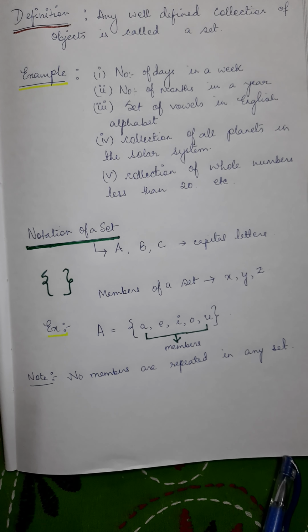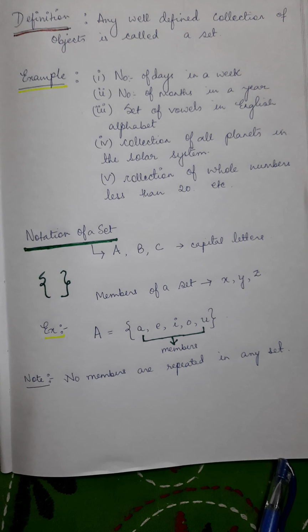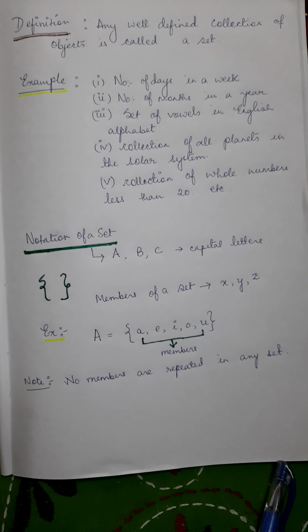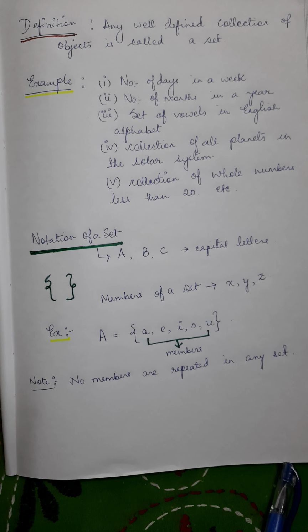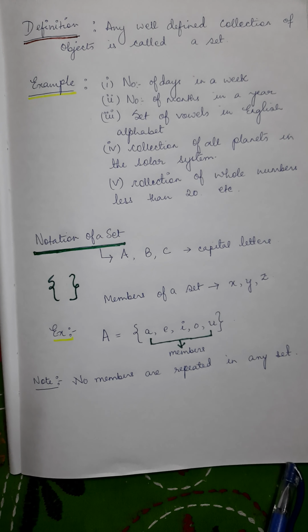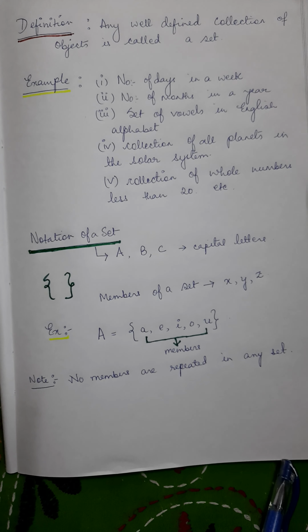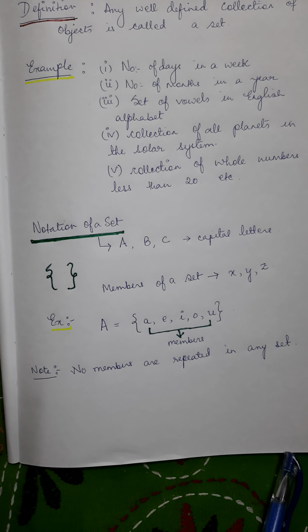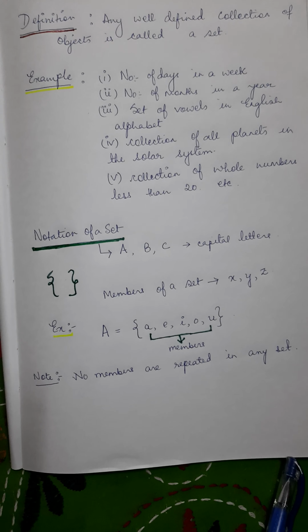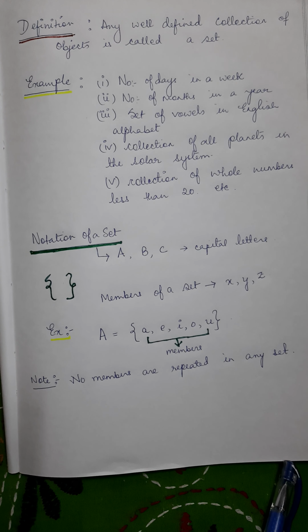In any case, if you do not mention the bracket, or if you do not mention the comma sign, it becomes an incomplete set. So, a set is always represented by means of a bracket, as well as the members are separated by means of comma.